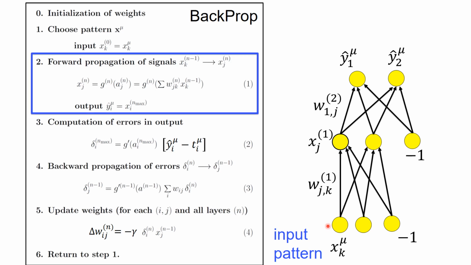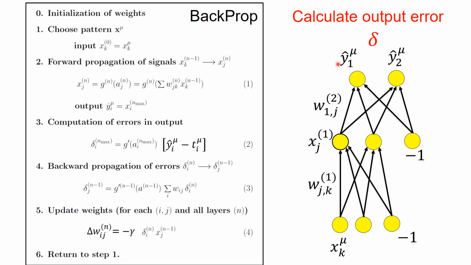Then we propagate the signal forward through the network. It goes from layer 0 to layer 1 and from layer 1 to layer 2 to layer 3 until it arrives at the output. We record the activity of the neurons in all hidden layers as well as the activity of the neurons in the output.